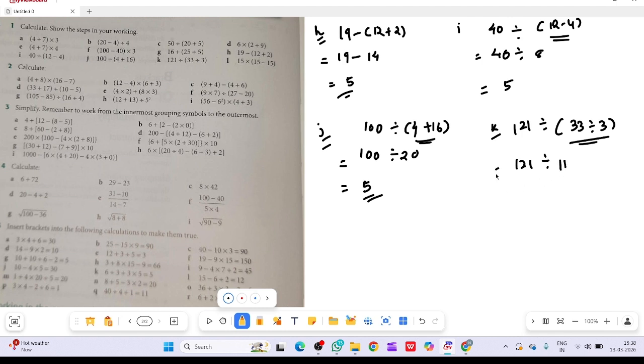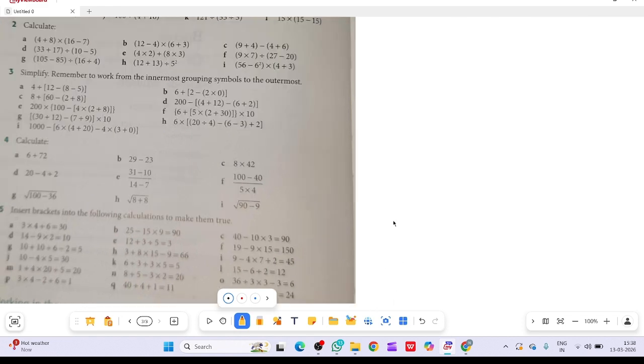So 33 divided by 3 is 11, and 121 divided by 11 is 11, because 11 into 11 is 121. l: 15 multiplied by 15 minus 15. So 15 multiplied by 0, which will be equal to 0.